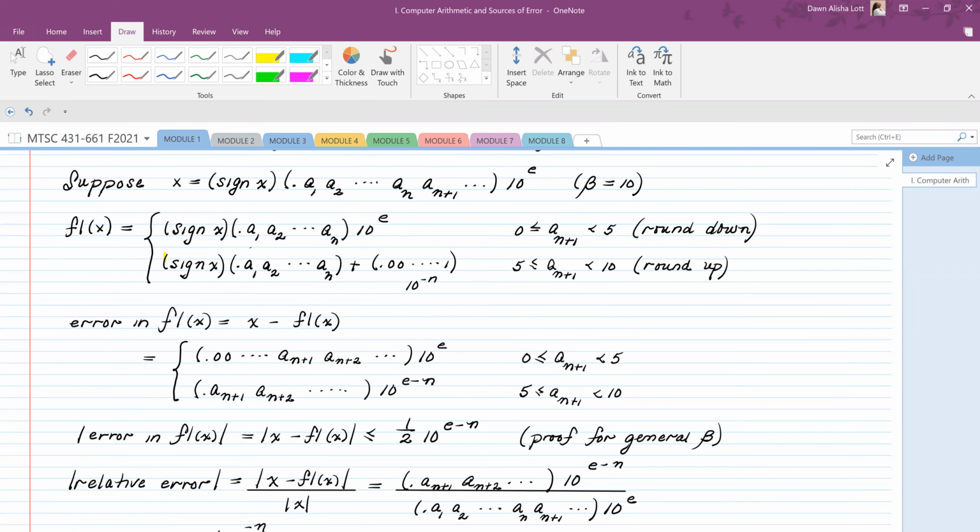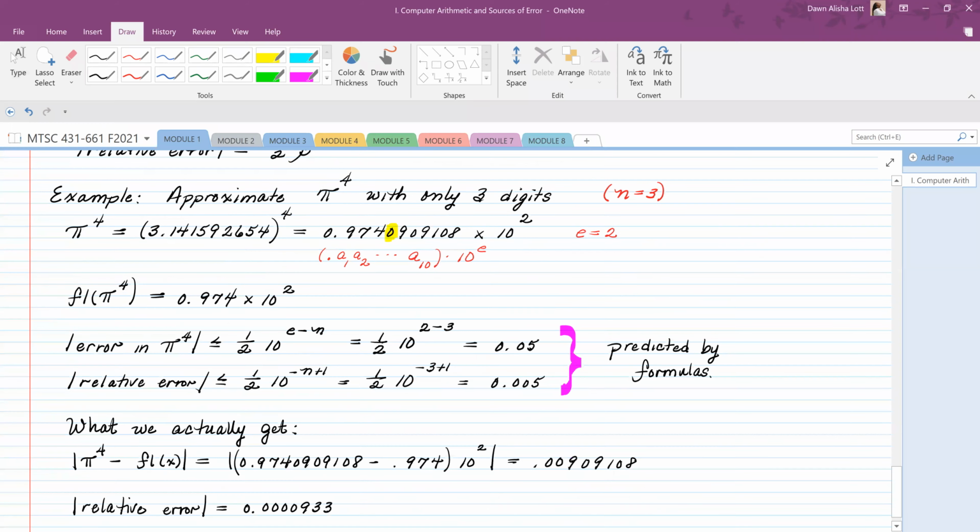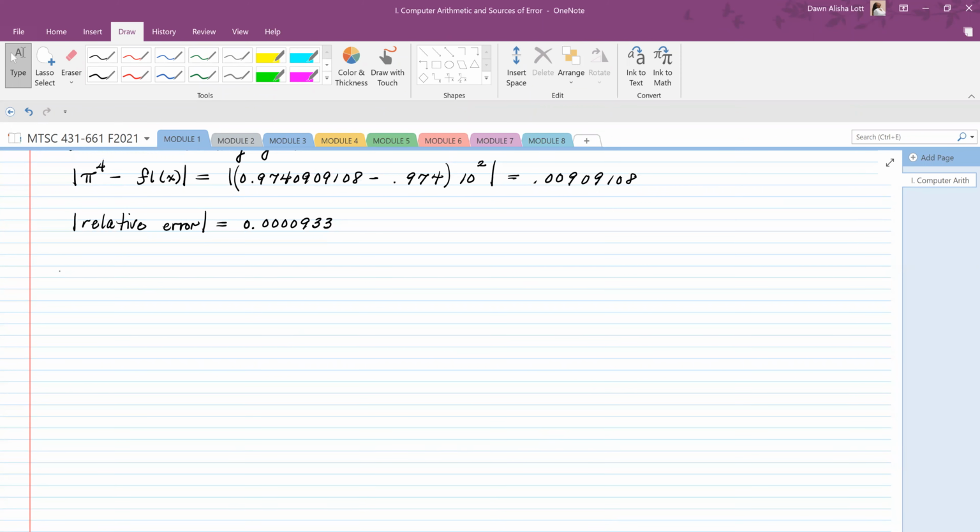So let me see how my notes went. Okay, definition. Let's define chopped error now. Chopped error is a little bit different. There is no looking at the next number.